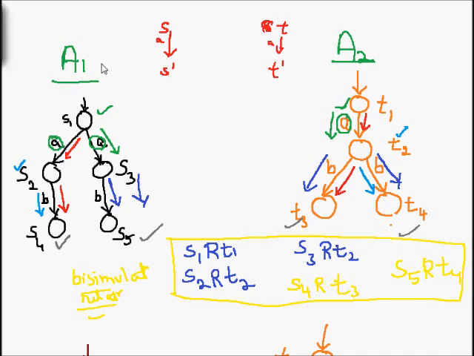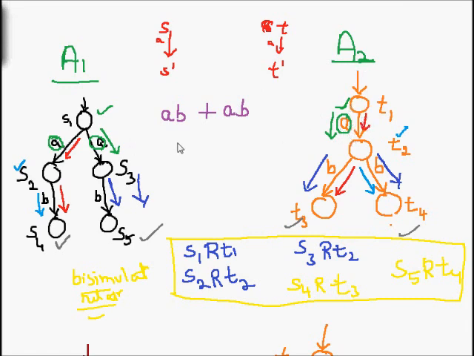Let me see what behavior A1 and A2 exhibit. Let me take a different color. A1 exhibits a behavior which is like action A followed by action B, action A followed by action B, or action A followed by action B, action A followed by action B. Now what does A2 exhibit?